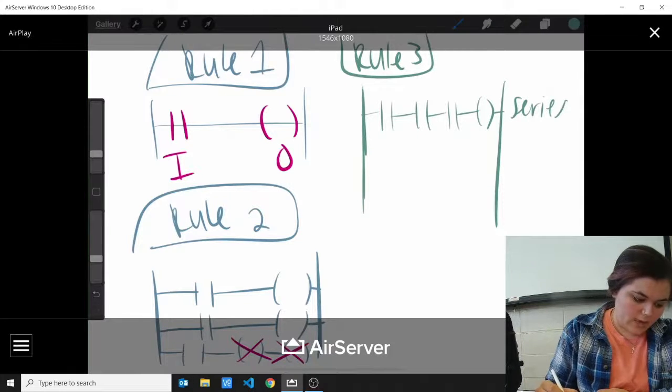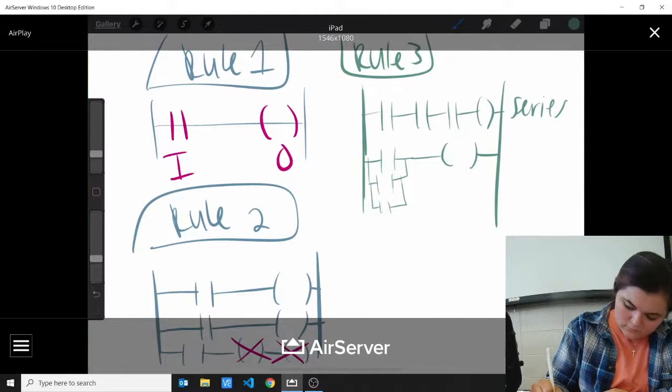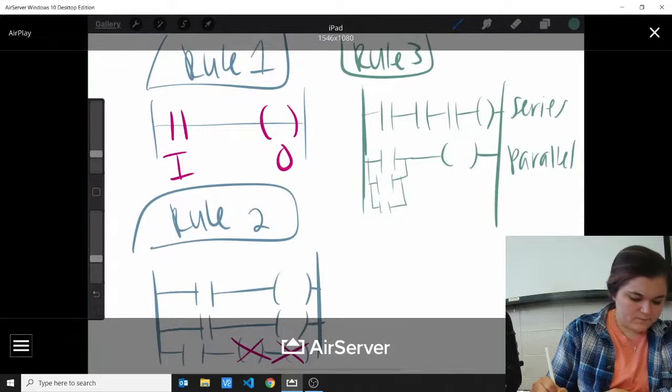Then we would have an input, and then another input, and then another input. And that would be an example of parallel, right?